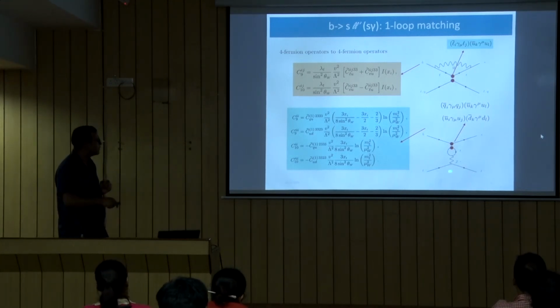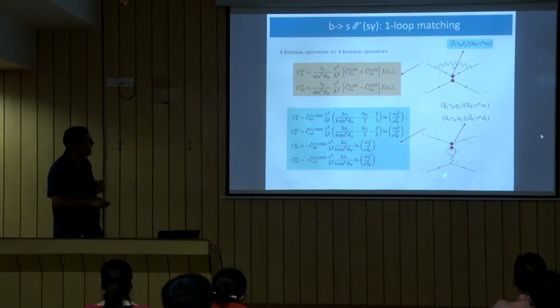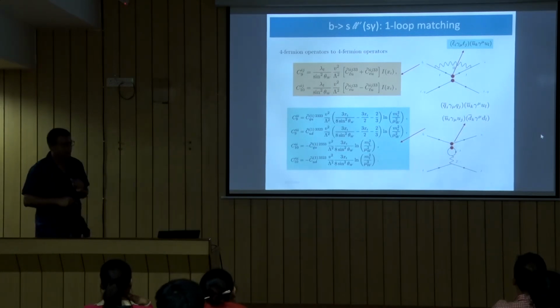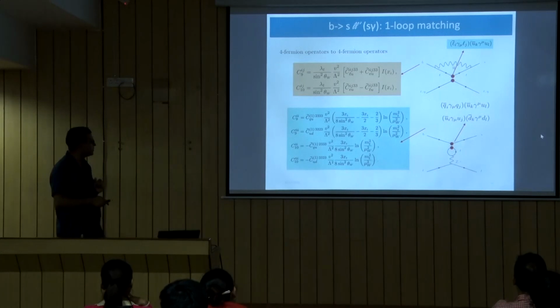So that way it can contribute to the B2SLL process at one loop level. Similarly, you match it to effective operators and calculate the coefficients following this method. So this is another set of coefficients that will contribute to your B2SLL.